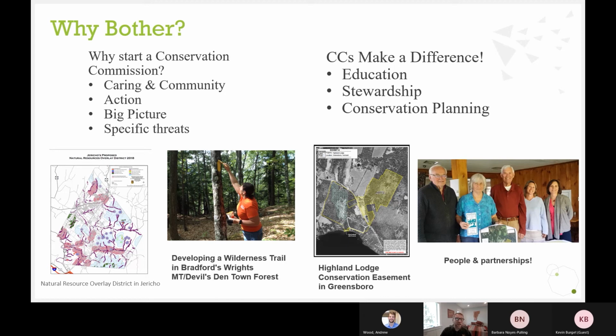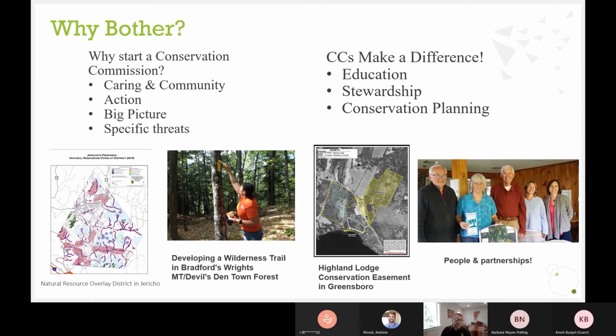Conservation commissions are good for bringing about action in town and making things happen. Volunteers that make things happen join the Conservation Commission. I think conservation commissions are also important for thinking about big picture ideas, the larger ecological context in a town, and how that might affect the way the town does business, as well as specific threats.